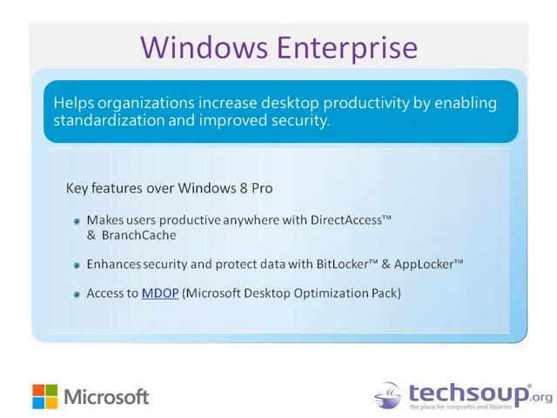The difference between the Windows Professional and the Windows Enterprise version are a lot of administration and security benefits that you will see. I listed a couple of them here. Direct access and branch cache are usually very, very valuable in distributed organizations. Direct access allows you from mobile machines, laptops, for example, to access your company IT environment from outside of that environment.